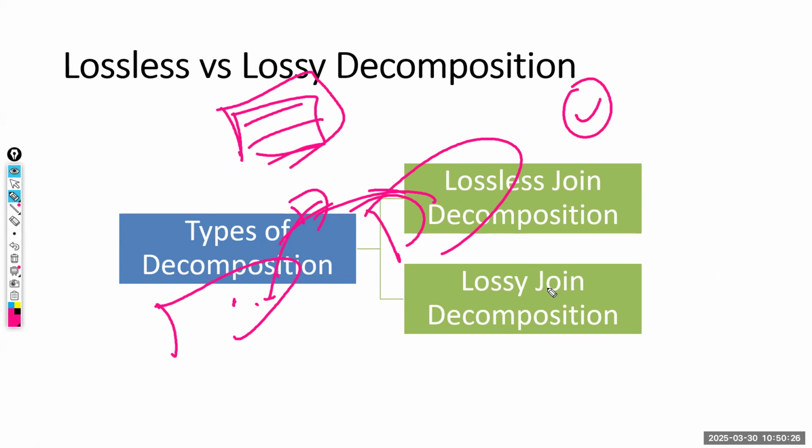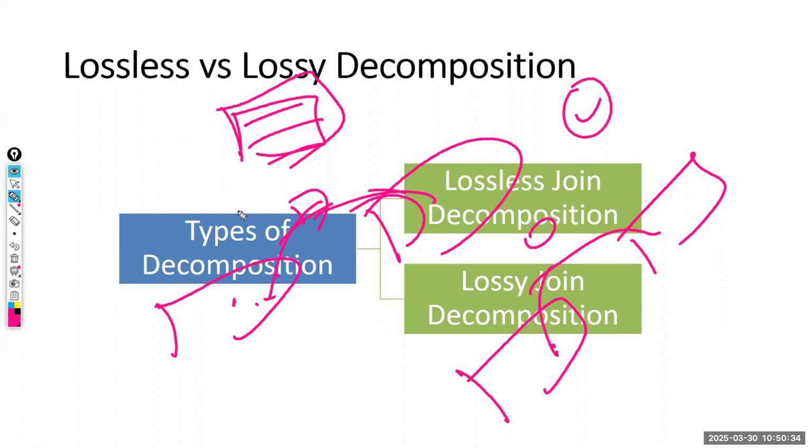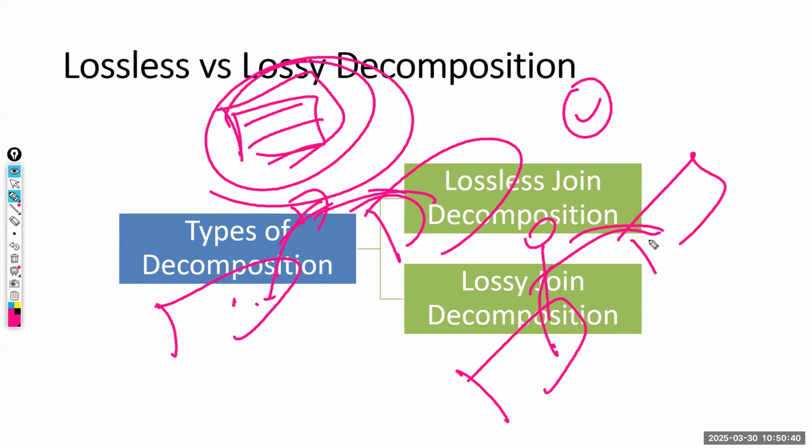Lossy decomposition means when you break it into two tables, you can't join these two tables and get all the information in the original table. So that means you have made a mistake. Your decomposition is not good. It's lossy.